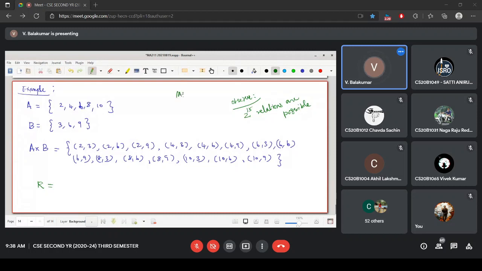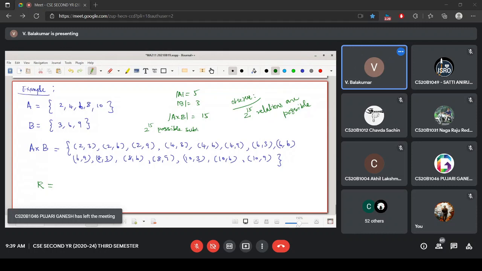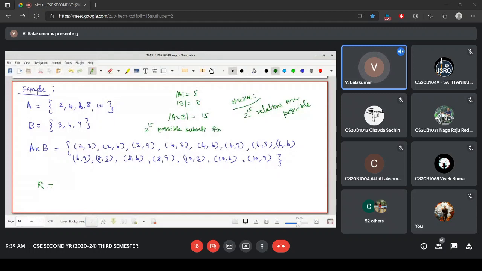Here A has 5 elements, B has 3 elements, and A cross B has 15 elements. 2 power 15 possible subsets for A cross B. That's what you have concluded the other way.